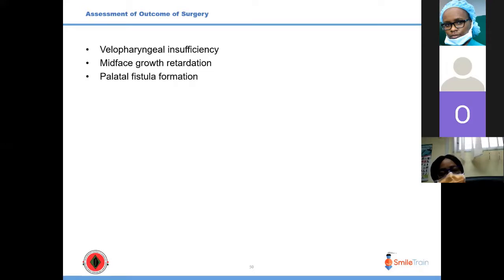So you ask the patient to open the mouth, you look at the length of the palate, is it elongated or not? And then importantly, you ask the patient to say ah. So you look at the soft palate muscle, are they moving? If they are moving, then maybe you may not have much velopharyngeal insufficiency.